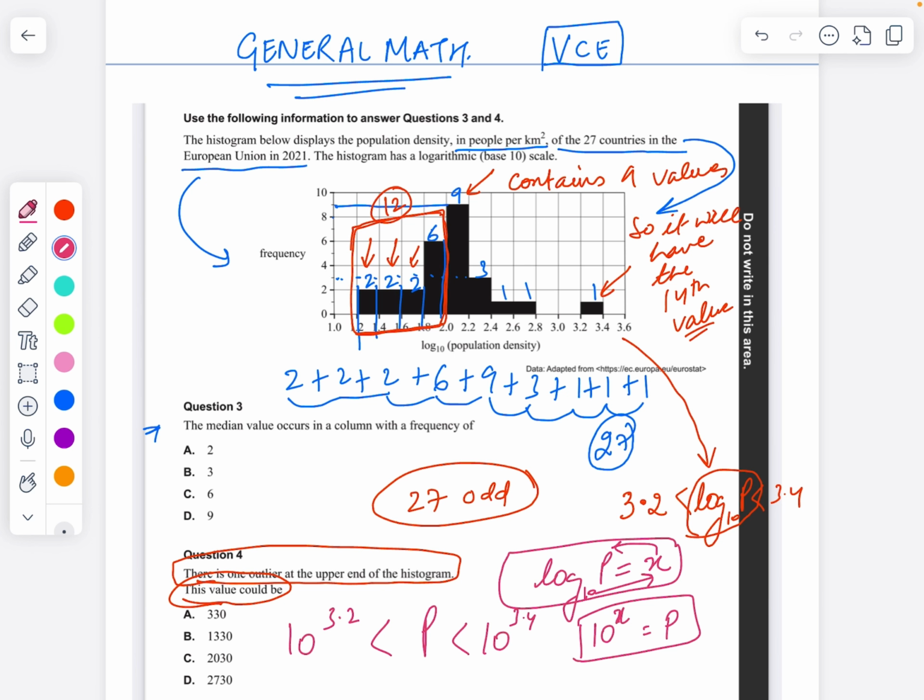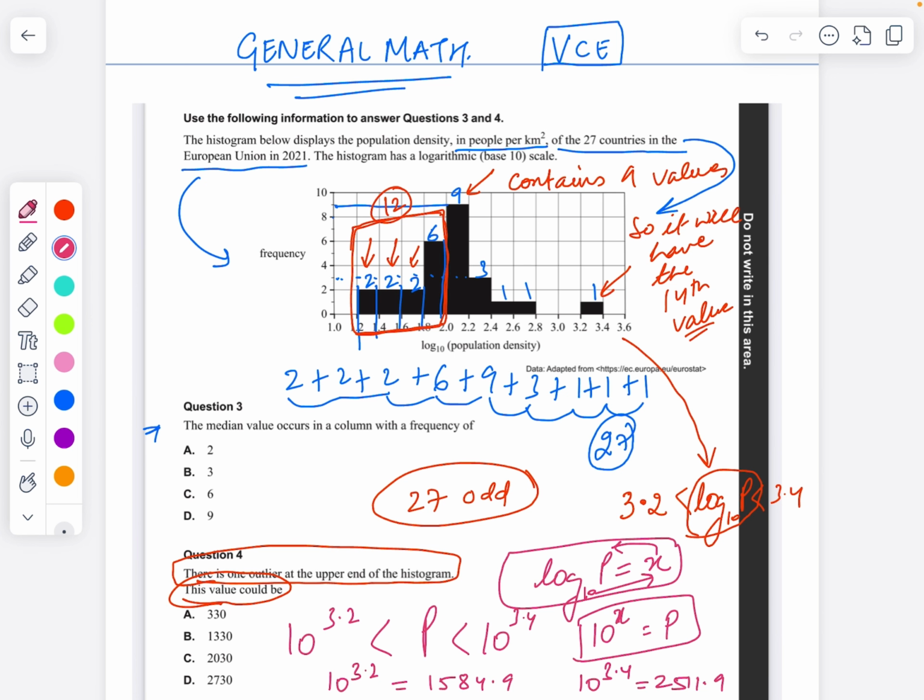Now on the scientific calculator, please calculate 10 to the power of 3.2. You are going to get somewhere around 1584.9, and 10 to the power of 3.4 will be around 2511.9. You can easily calculate this on the scientific calculator; usage of the scientific calculator is allowed there, so you will take your calculator, don't worry about that.